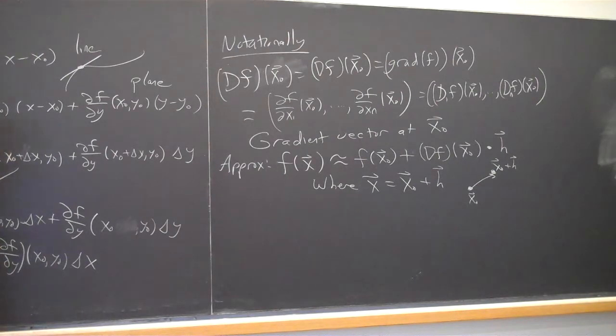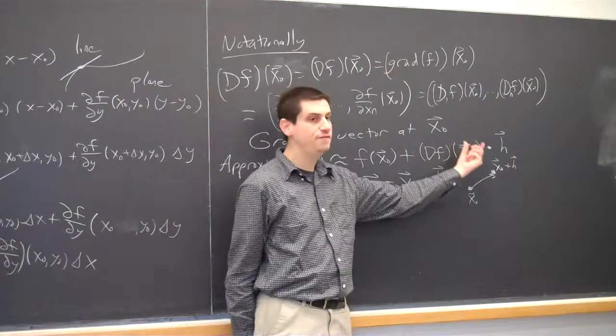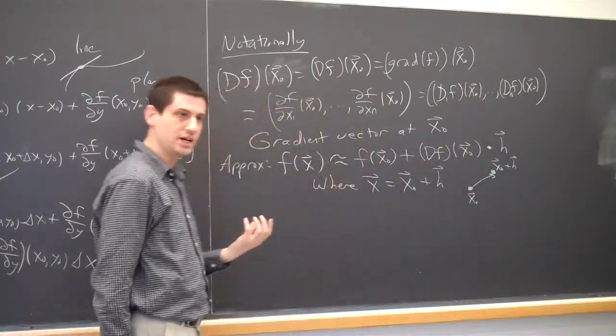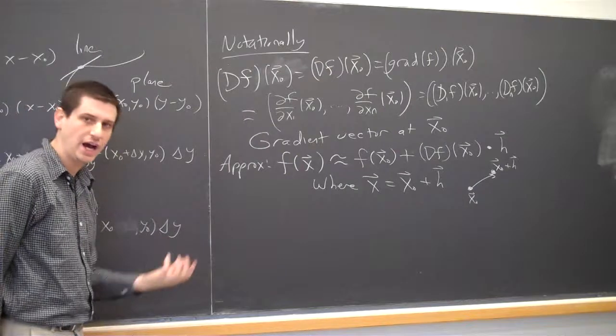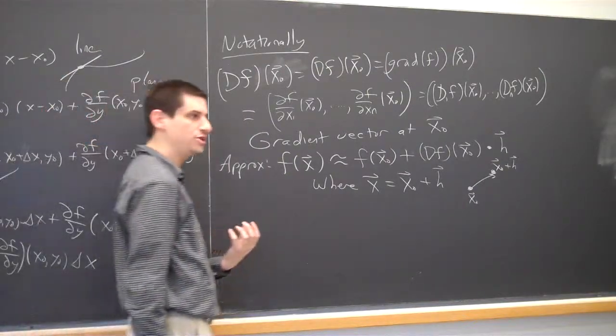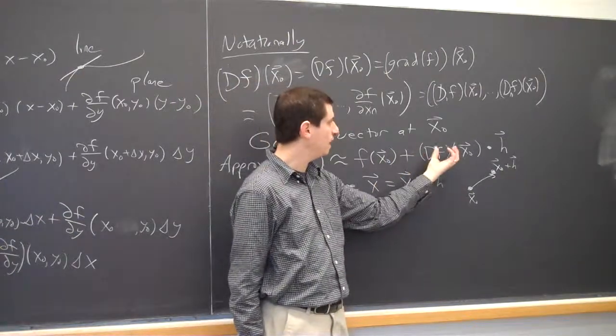This is one of the reasons why we like the dot product. It becomes a very convenient way of writing what's going on. Before we had df dx1 times the change in x1 plus df dx2 times the change in x2. That's exactly what we have here.